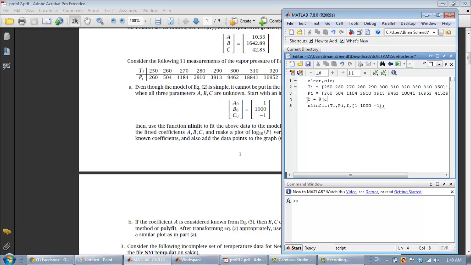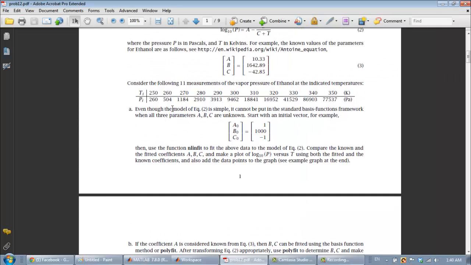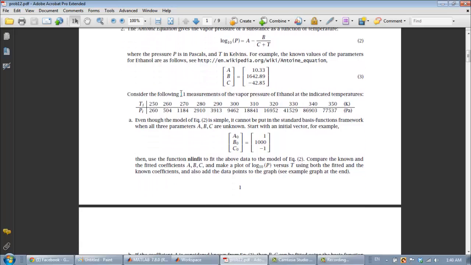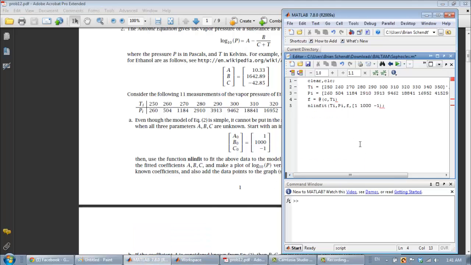Okay, and of course we need to write the function, which is always going to be c and the dependent variable. And it's written very nicely up here.